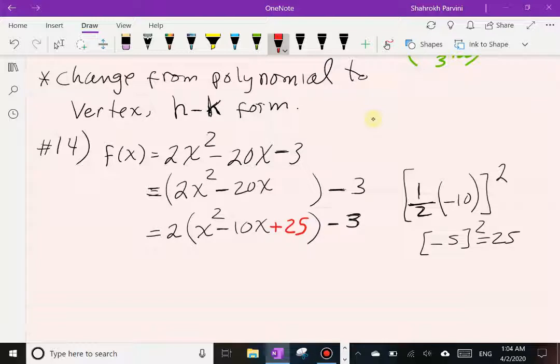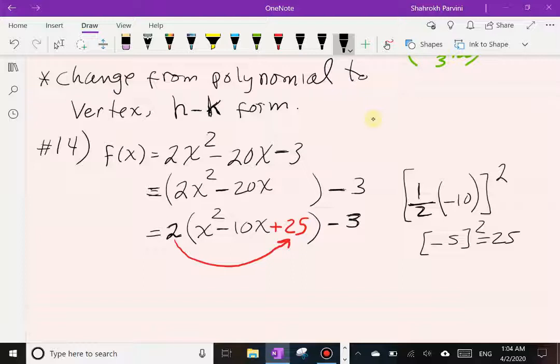Now we have to be careful here, because I just added 25, that red 25 that wasn't there a moment ago. So I need to offset for what I've done. Inside parentheses it looks like 25, which it is, but because of that 2 on the outside, there is a forced distribution of 2 to the 25. 2 times 25 is 50.